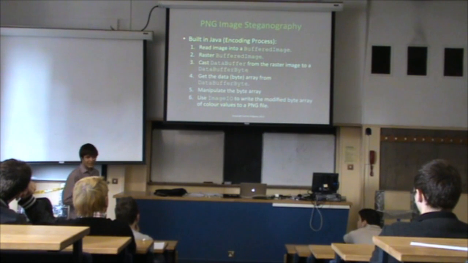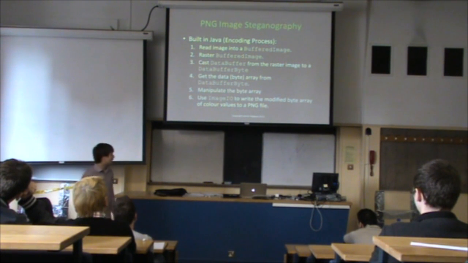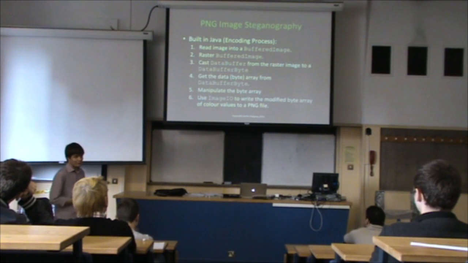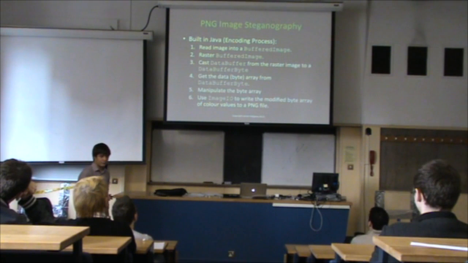It is that simple. That's as complicated as it gets. If you look at the API documentation for Java, it's quite straightforward. So have a play with that, and by following those steps you should be able to produce something that's capable of encoding.